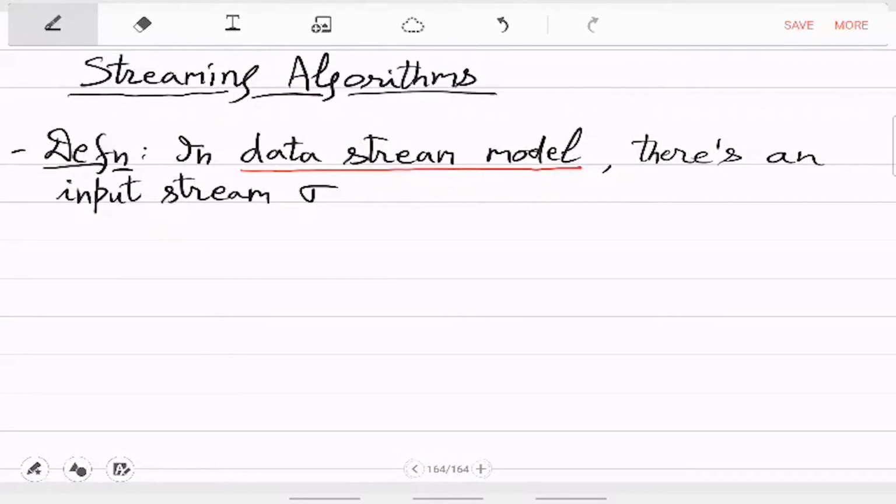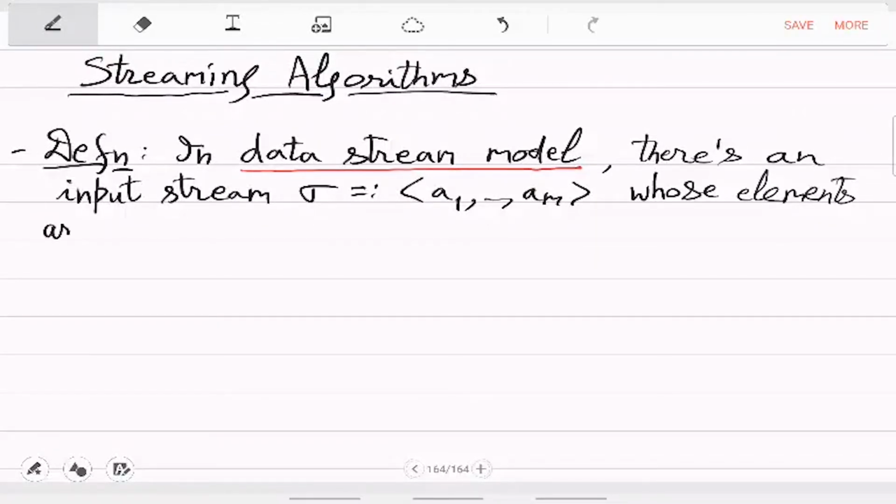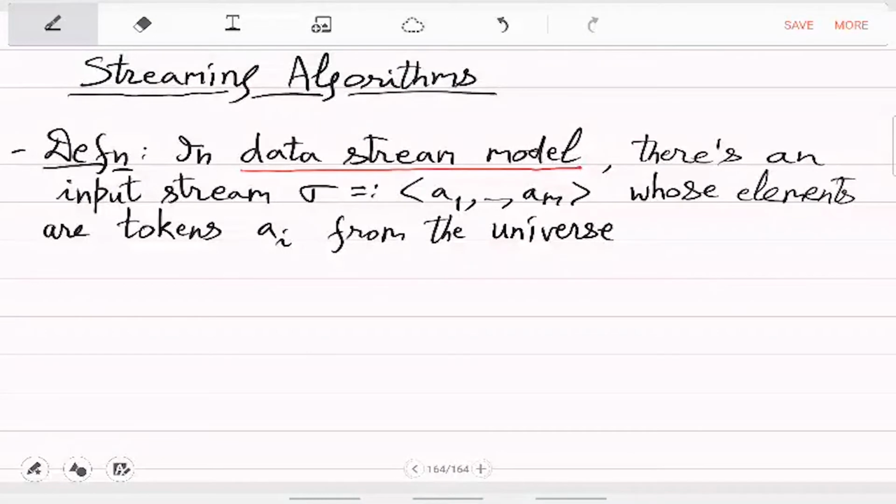So you will store it only in small chunks. So e1 to em are the elements in the stream, m is very large, whose elements are tokens ei from the universe, let us say n.